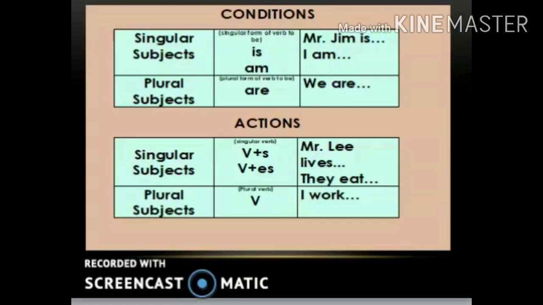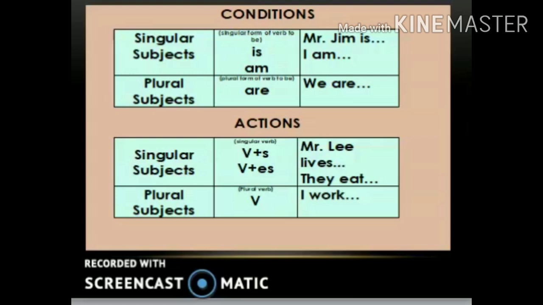Now, how do we construct sentences when we are expressing present actions? If the subject is singular, use the singular verb, which we form by adding s or es to the verb. If the subject is plural, use the plural verb or the base form of the verb.